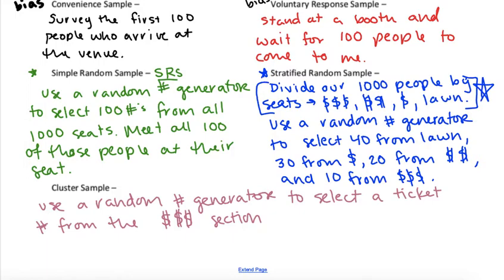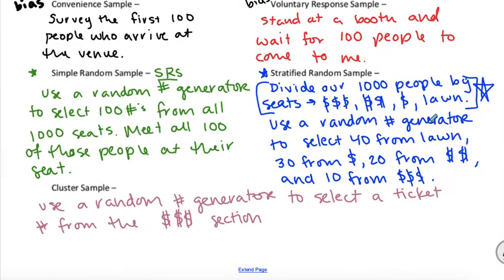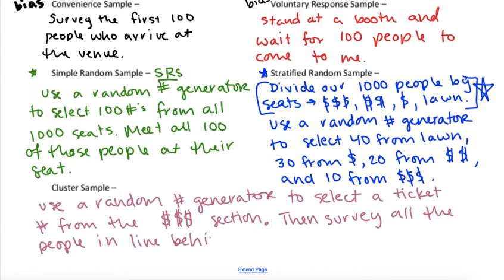So the first thing I'm going to do is pick one of these. Where it is, I'm not sure. It could be here, anywhere in A, B, and C. And then once I've selected that group, all the people in line behind the seats, all the way back to lawn.